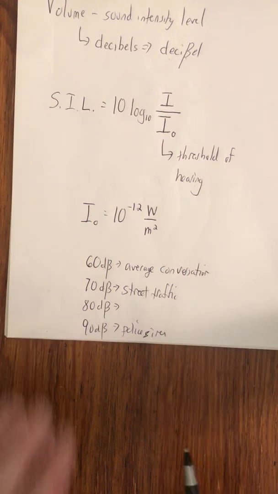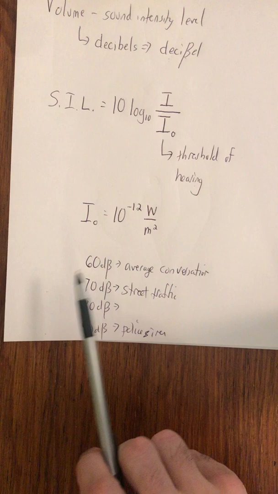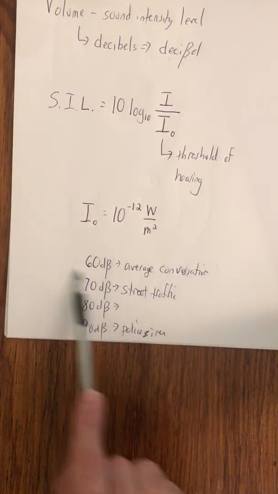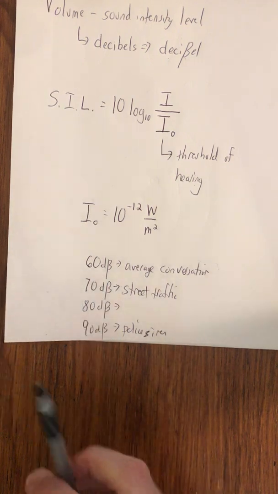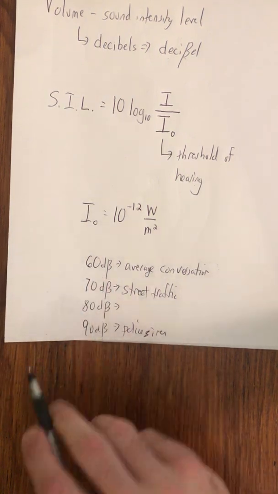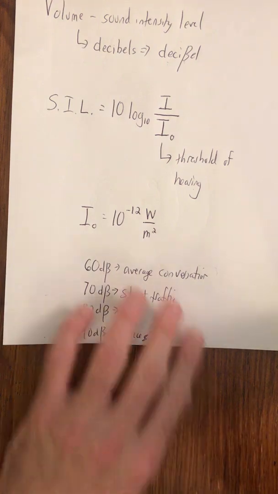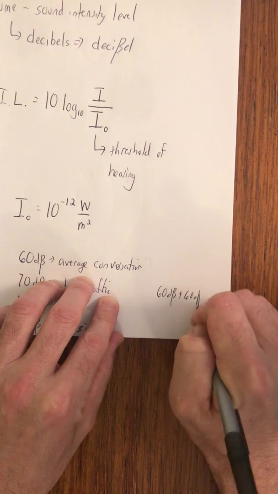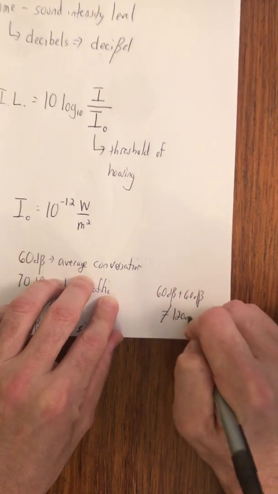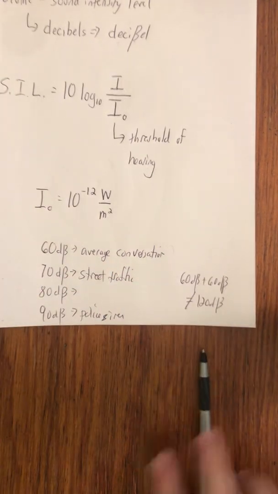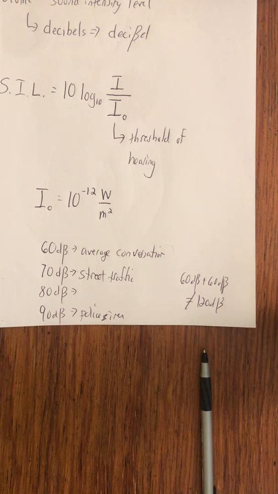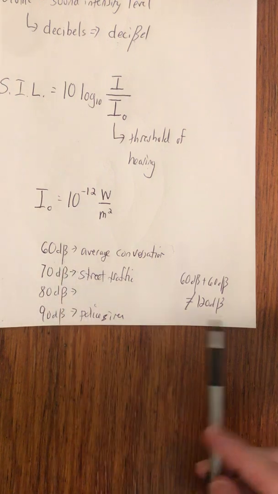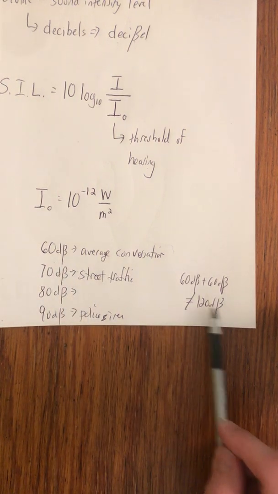Okay. Now, the thing about it is, if you have two people having an average conversation at 60 decibels, and let's say we have actually 4 people doing an average conversation of 60 decibels, like if I have 2 60 decibel sounds, 60 decibels plus 60 decibels is not equal to 120 decibels. 120 decibels would actually be something like a really loud concert. And 2 people, or the 4 people, having a conversation is not a loud concert.